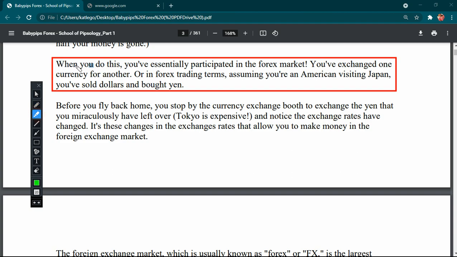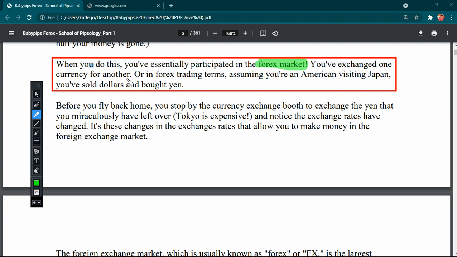It says, when you do this, you've essentially participated in the forex market. So forex market, we came here to learn about what is forex, and now we just discovered it's a market, right? You've exchanged one currency for another. What I said when I tried to explain it in my own words is that forex trading is an exchange of one currency for another.